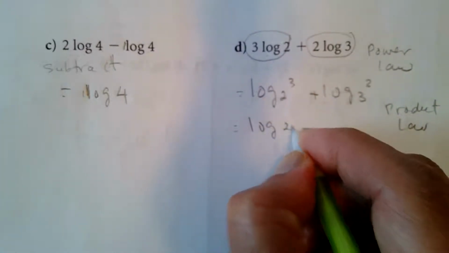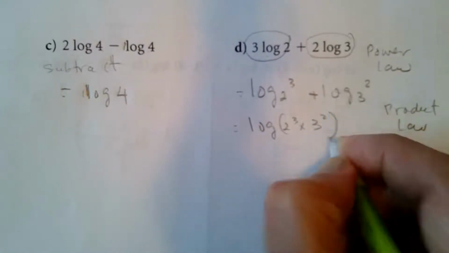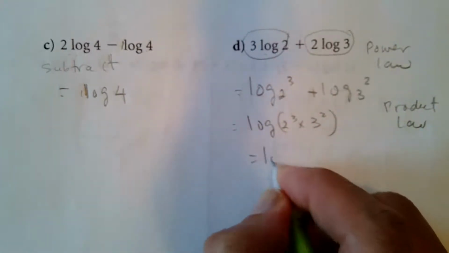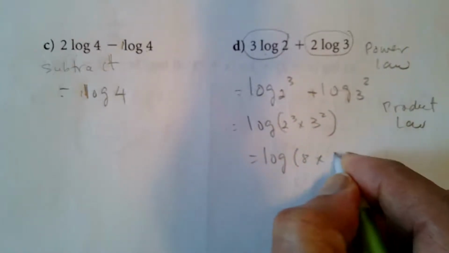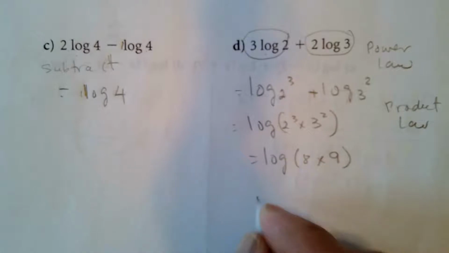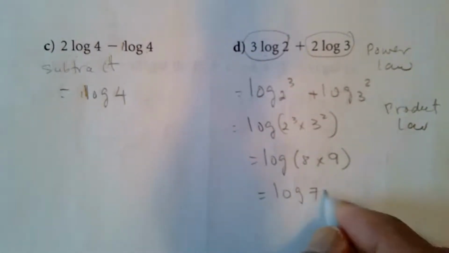So we have log of 2 to the power 3, which is 8, multiplied by 3 to the power 2, which is 9. That gives me log 72.